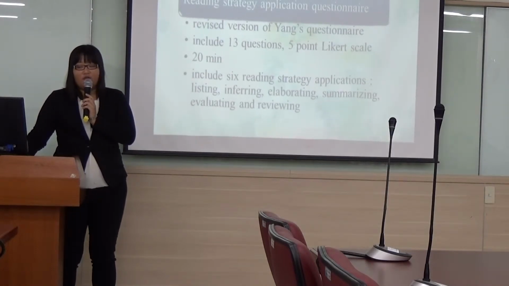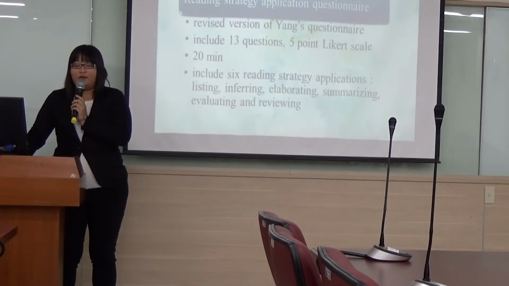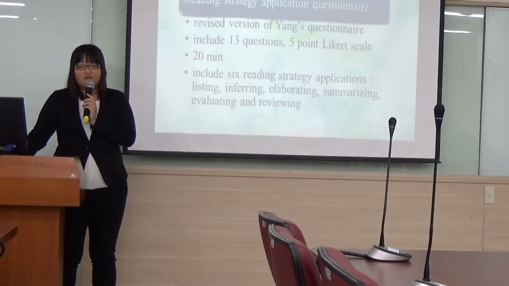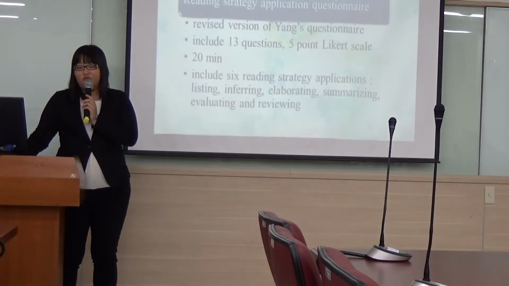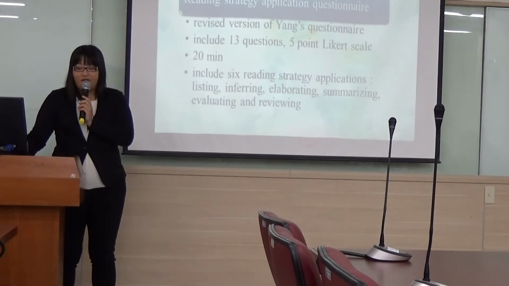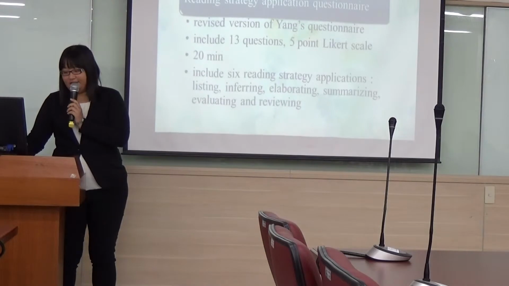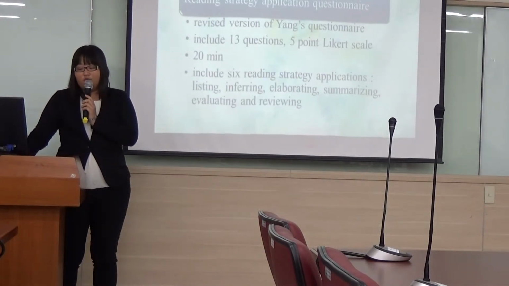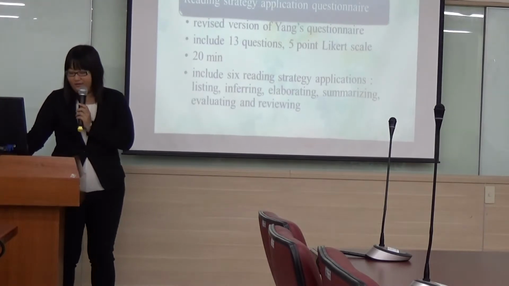It included 30 questions and a 5-point Likert scale. Completing the questionnaire took 20 minutes. It included 6 reading strategy applications, such as listing, inferring, elaborating, summarizing, evaluation, and reviewing.